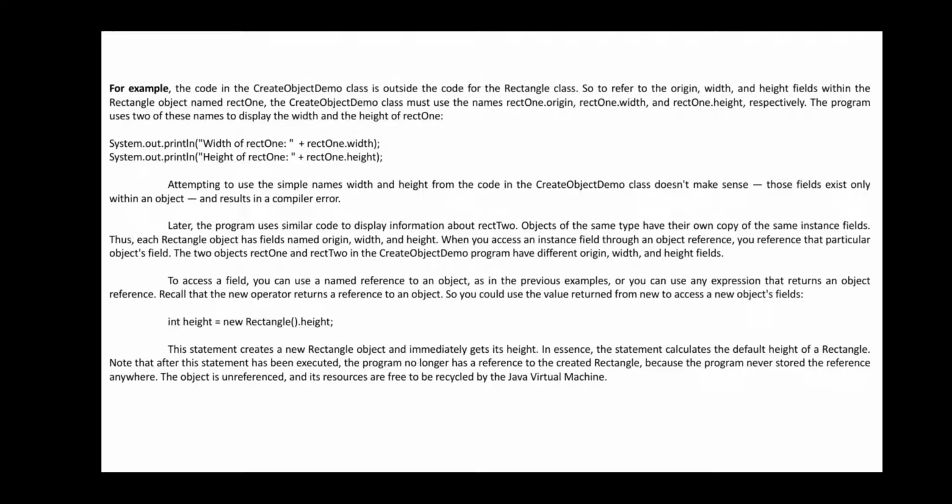For example, the code in the CreateObjectDemo class is outside the code for the rectangle class. So to refer to the origin, width as well as height fields within the rectangle object named rect1, rect1 is an object of Rectangle.